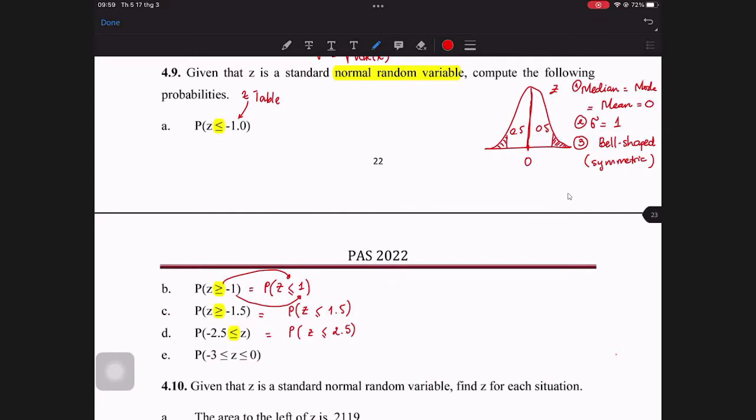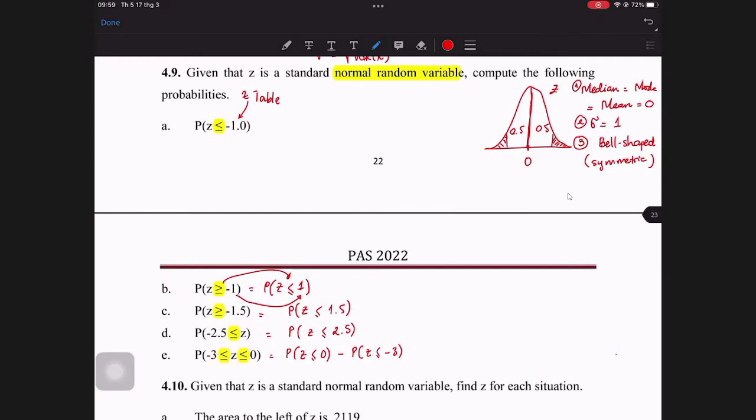And when you're asked to find the probability that Z will be between these 2 values, then you take the probability that Z is smaller than the larger value minus the probability for the smaller value. So this is how you are going to find the probabilities from the Z table.